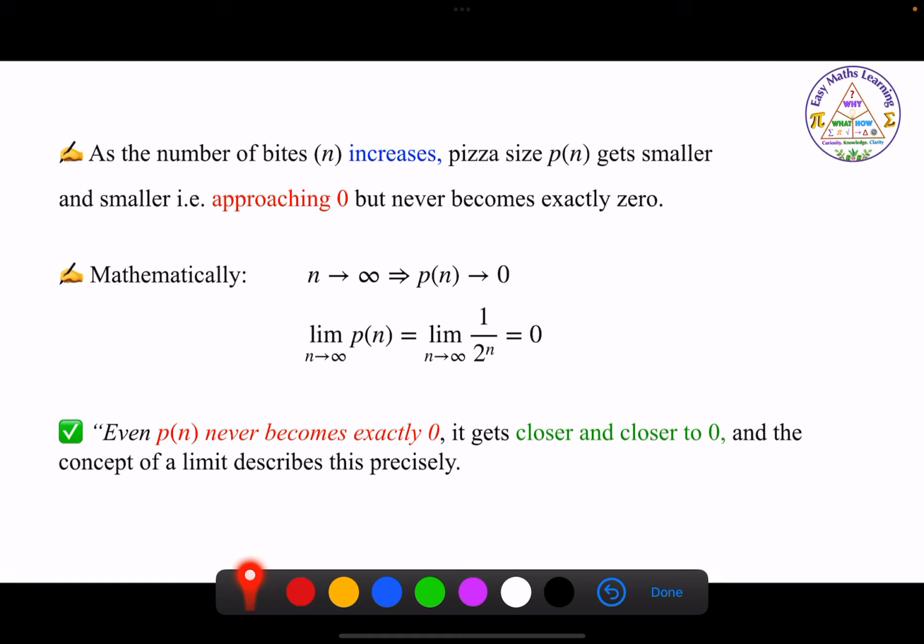So in this example, even though pizza size never becomes 0, it gets closer and closer to 0, and limit describes this behavior precisely.